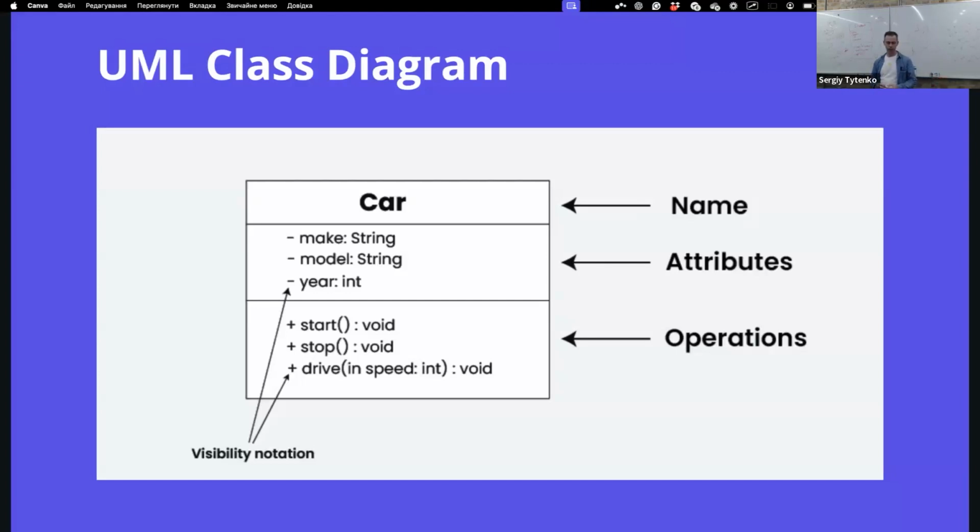UML emerged as a response to huge changes in the software development industry and the emergence of object-oriented programming. UML has a lot of different diagrams, but this is one of them, which is specifically related to our subject today.